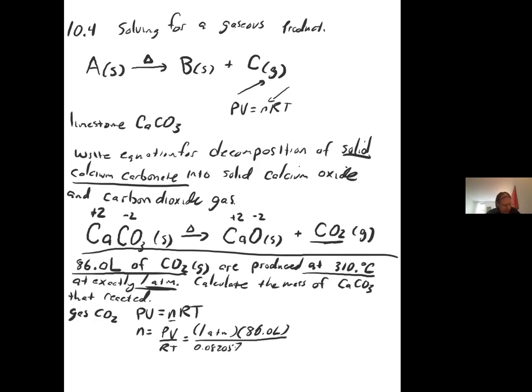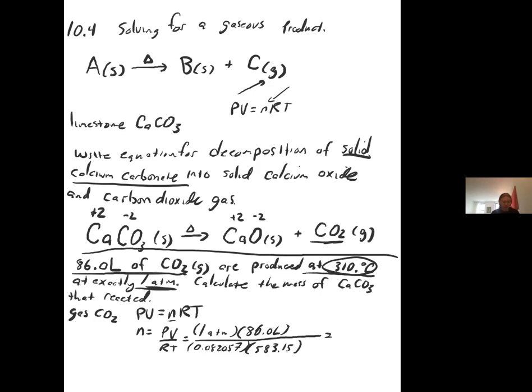I'm not going to put the units in there because it takes up too much space. And then your temperature. Now remember, careful, gas law, you got to add 273.15. So if you add your temperature, you get 583.15. That's going to give you moles.